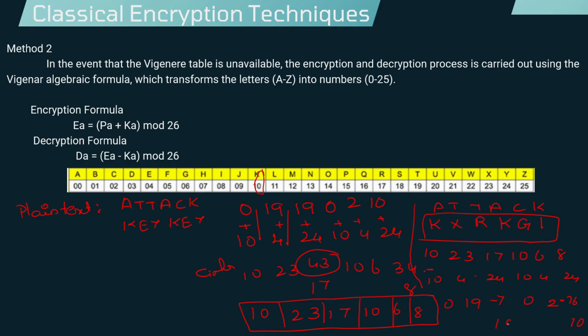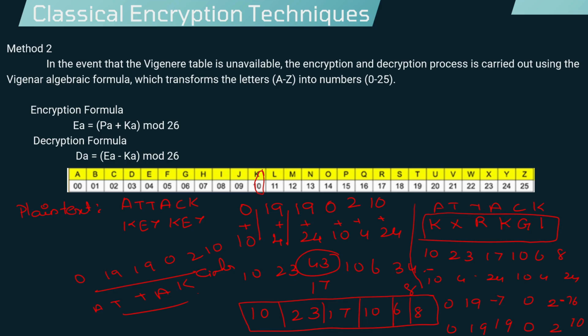So 0, 19, 19, 0, 2, 10, the plain text. So this is how a Vigenere cipher works.